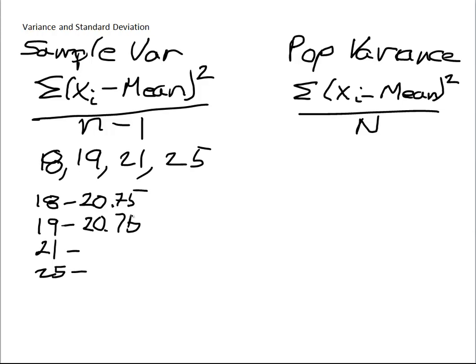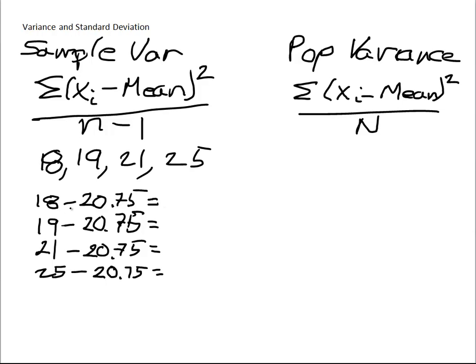So we're subtracting 20.75, our mean, from each one of them. Some of our lines want to disappear here, huh? Okay, there. They stayed.